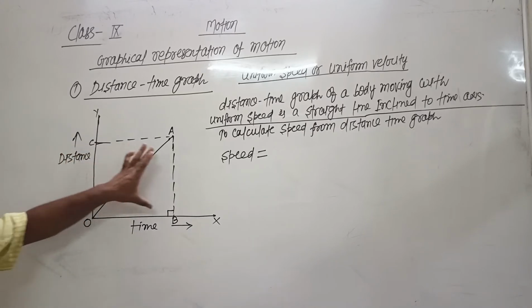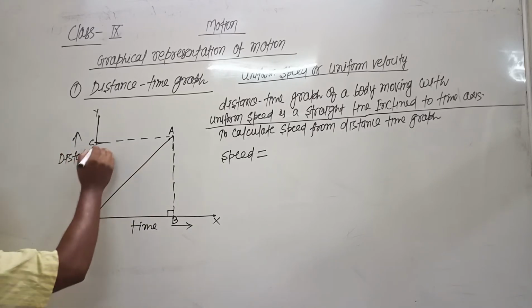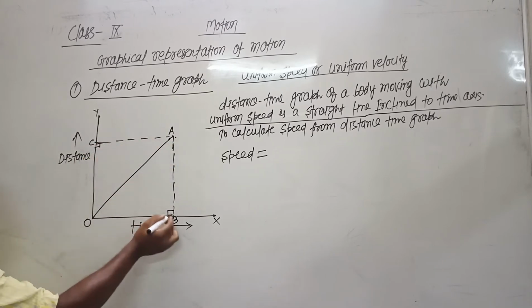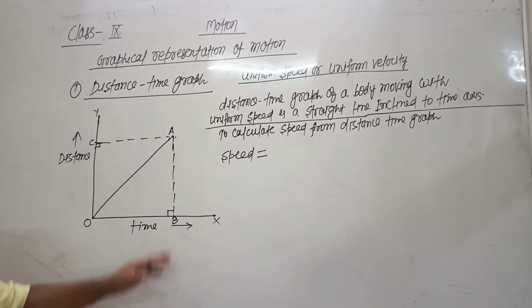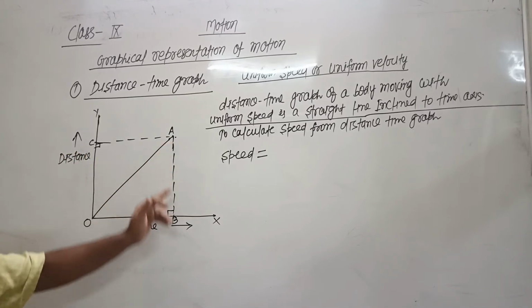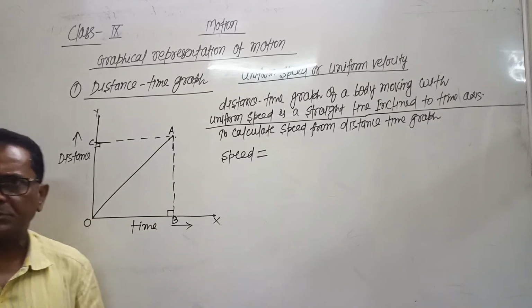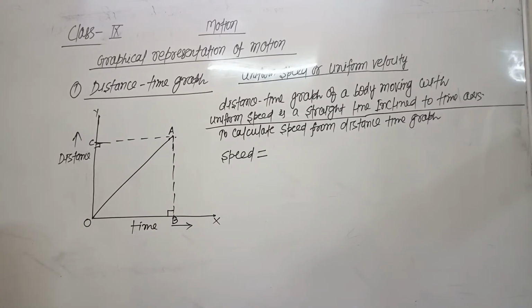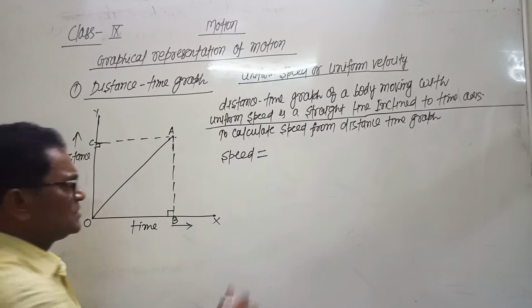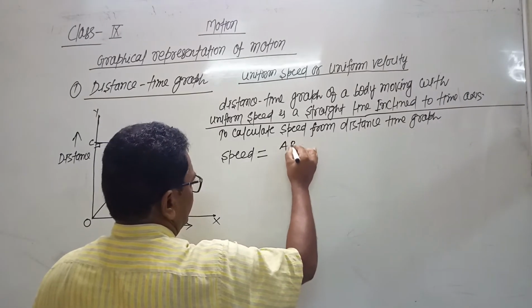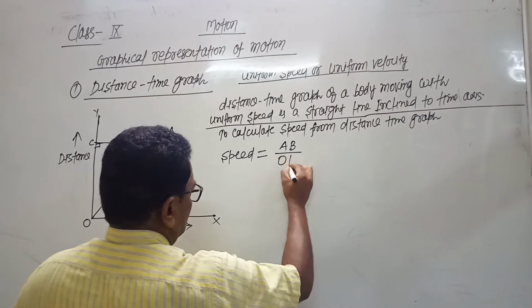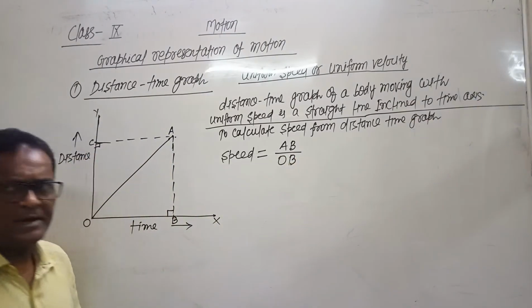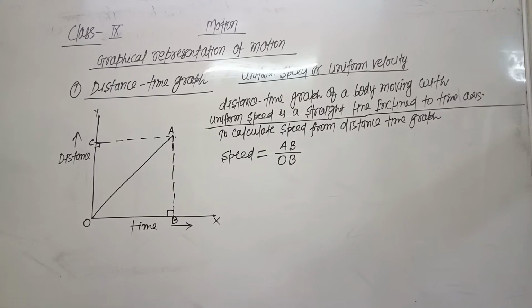So this distance and this distance will remain the same, because AC we have drawn parallel to OB and AB is parallel to OC. So OC must equal AB, and speed equals distance upon time. So distance is taken as AB and time is taken as OB.